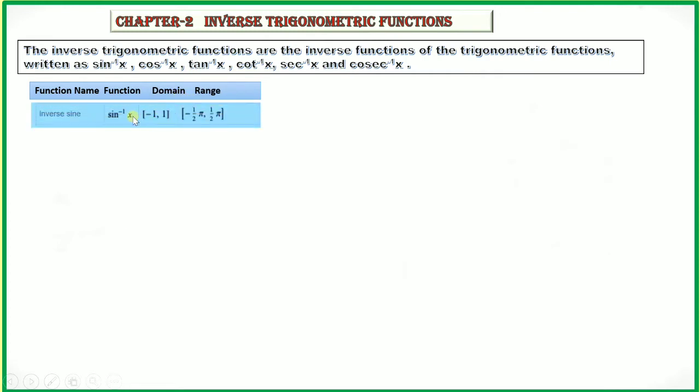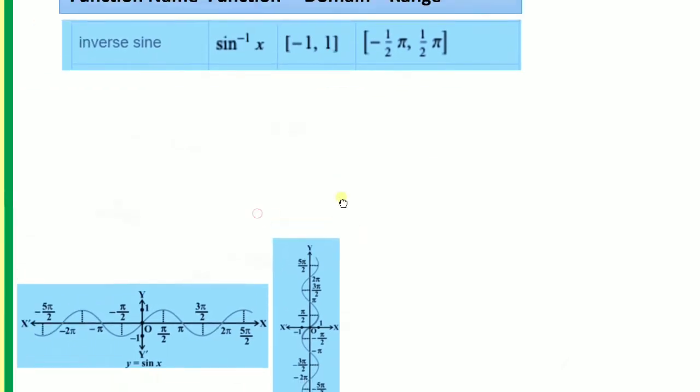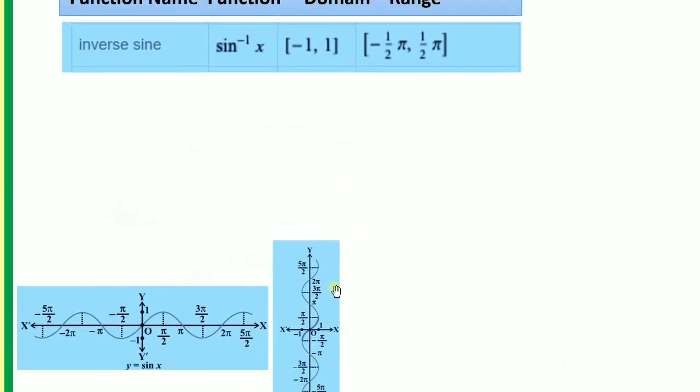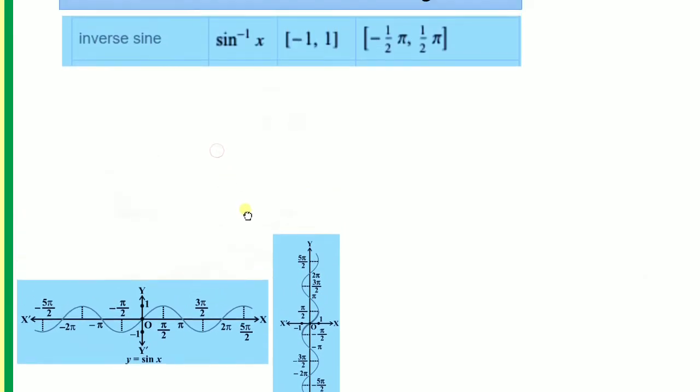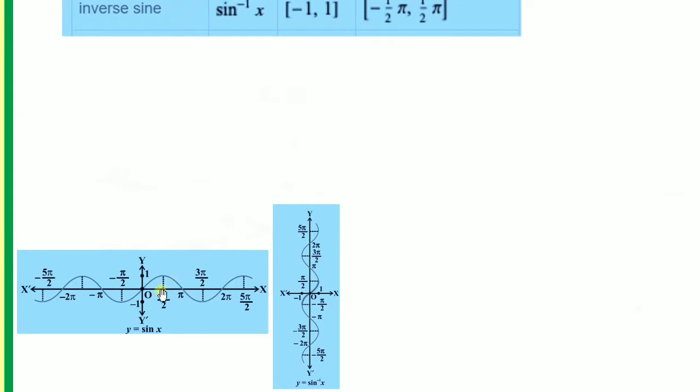Now here we have one interesting thing which you must know. Through these two graphs, let me show you a little closer, we will try to understand the difference between the inverse trigonometric functions and the general trigonometric functions. Look at this particular graph. As you can see, it varies up to 1 and the bottom is up to a minimum of -1, and it fluctuates this way.